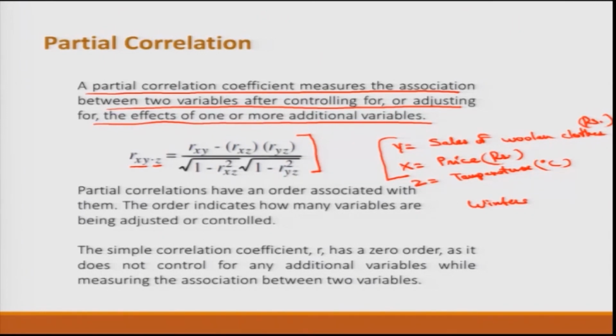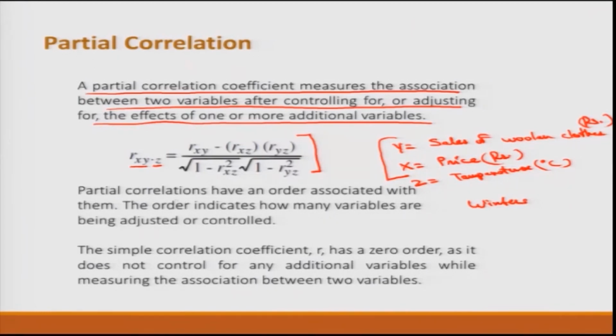Sales go down as prices go up, but it is interesting to know if this relationship is affected by the temperature, if the relationship is weaker when we take into account the temperature, since we suspect customers are more willing to buy woolen garments irrespective of price if it is a cold season.